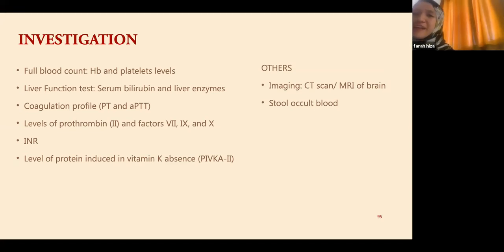It is quite rare to be done, but it is mentioned in the textbook, and it can also detect vitamin K deficiency. Other investigations to rule out intracranial hemorrhage are CT scan, MRI of the brain or ultrasound, and also stool occult blood.